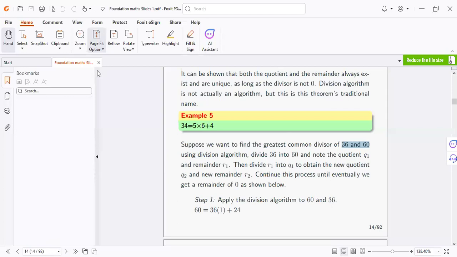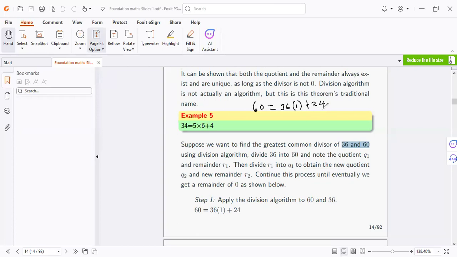So I use the division algorithm. I take this 60 and divide by 36. How many times does 36 go there? 36 goes there 1 time, and the remainder will be 24.